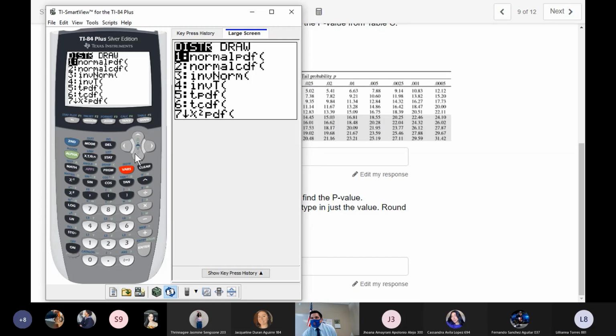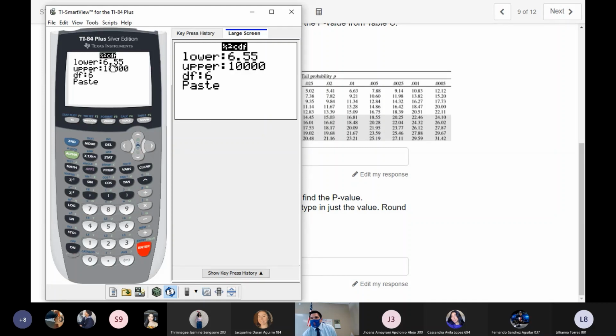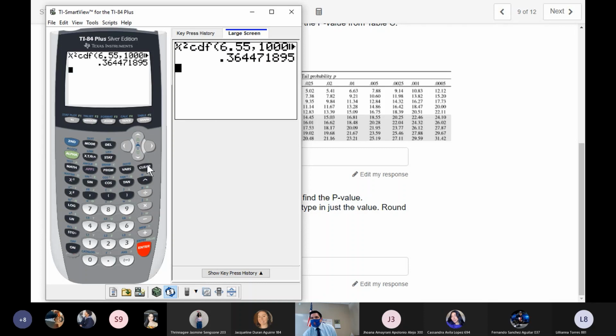We go to our distribution and we go to chi-square CDF right here. And we put in 6.55 as the lower bound, a big number for the upper bound, degrees of freedom 6. And we'll get just a slightly different answer. Really close, but a little different. We get 0.364, and this would round to 0.3645 instead of 3646.